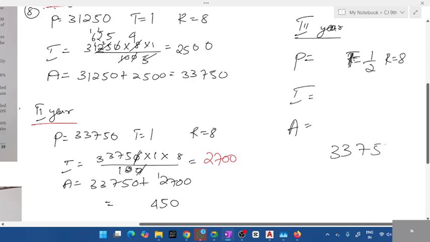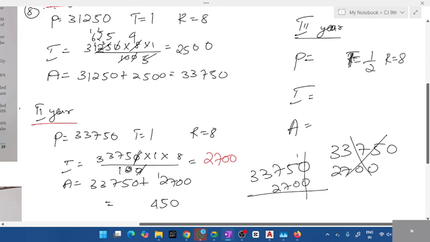How do you calculate this here? 2,700 is given. You're not supposed to write like this. Is this correct? Always from right hand side you have to start. This is wrong. If you have done like this, you'd have gotten 60,000. 33,750, 2,700. You have to start from the right hand side. See, one by one. From extreme right hand side, the value has to start like this. Start calculating.